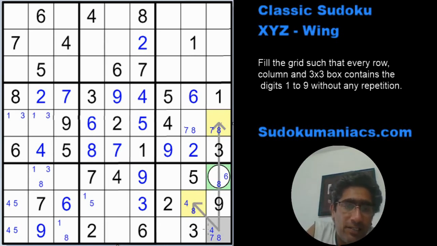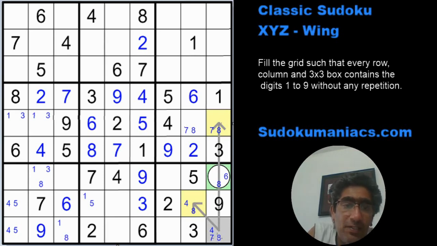Just like an XY, if this was a 4, this would become an 8, right? If this row 9 column 9 was a 7, then row 5 column 9 would be an 8, which would then eliminate the 8s from row 5 column 8 and row 7 column 9.